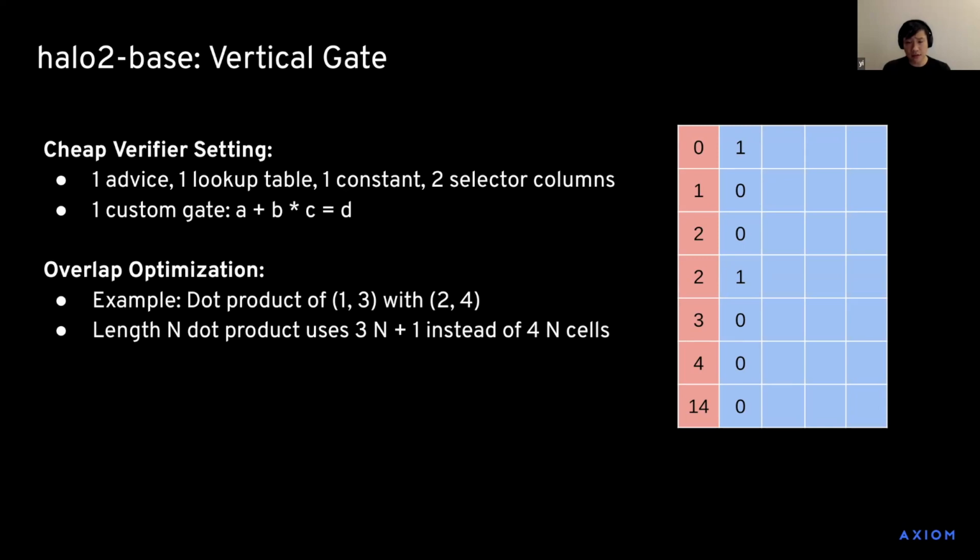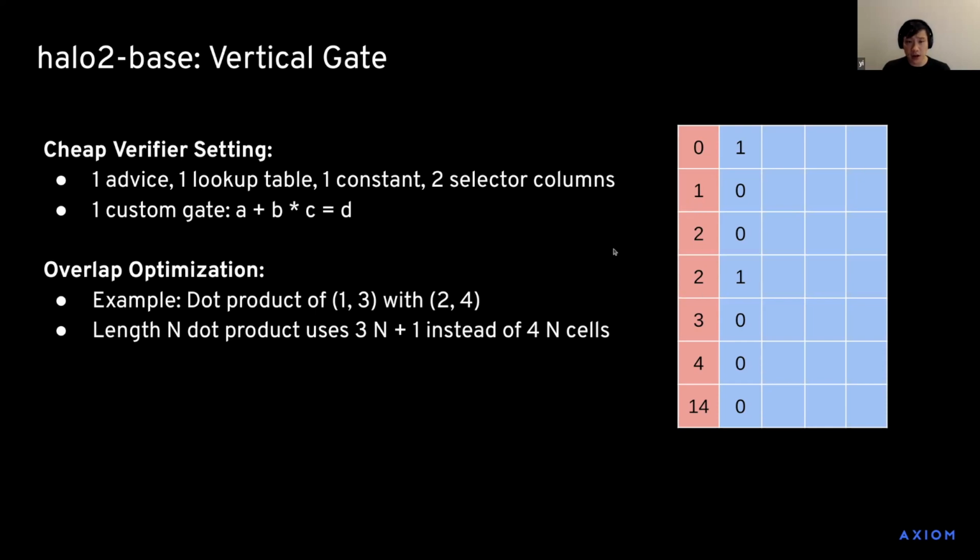For the same logical circuits, we want it to be able to generate a circuit that has either one column or many columns. In the one column setting, the verifier is extremely cheap. We always have only a single custom gate, which is simply A plus B times C equals D, where A, B, C, D are laid out vertically.